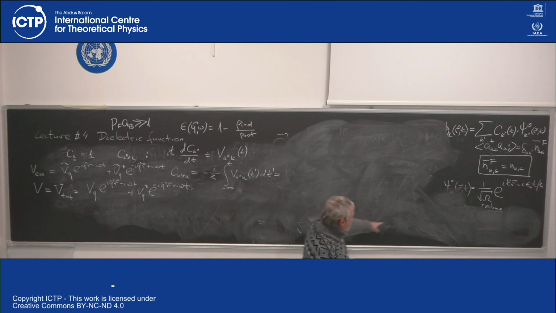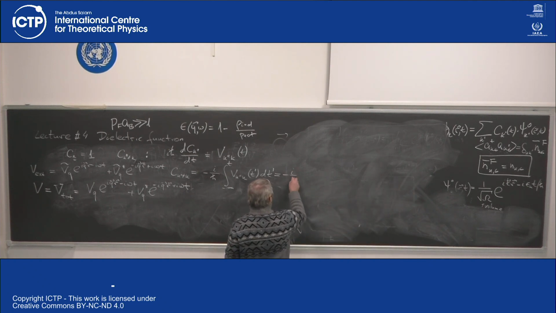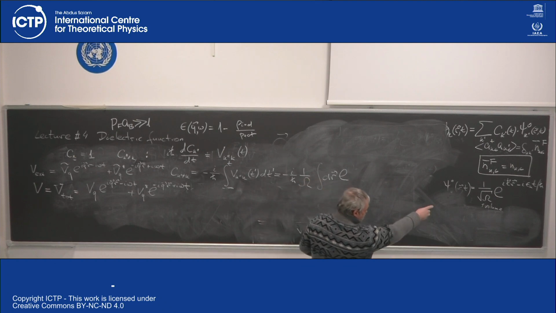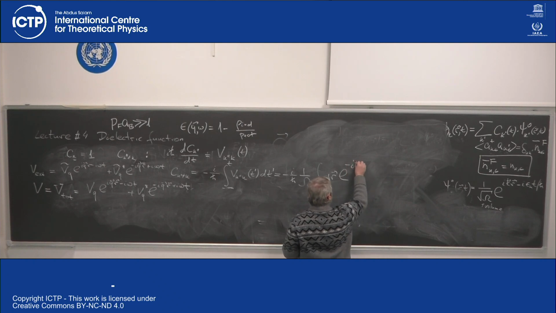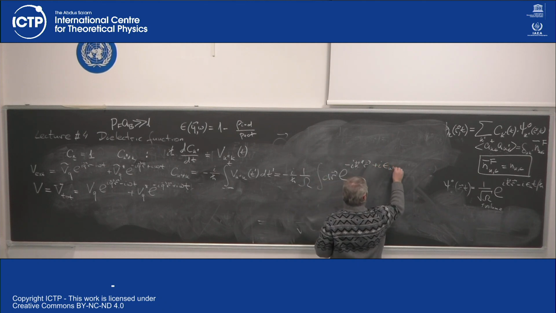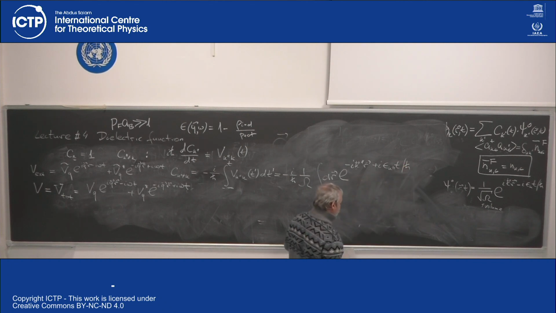So, I plug this wave function into the matrix element which I just derived. This is minus A divided by h bar, 1 over volume, because I have a product of two wave functions. And here I have an integral, first of all, d r e to the power psi naught star with subindex k double prime, minus i k double prime r plus i epsilon k double prime t over h bar.